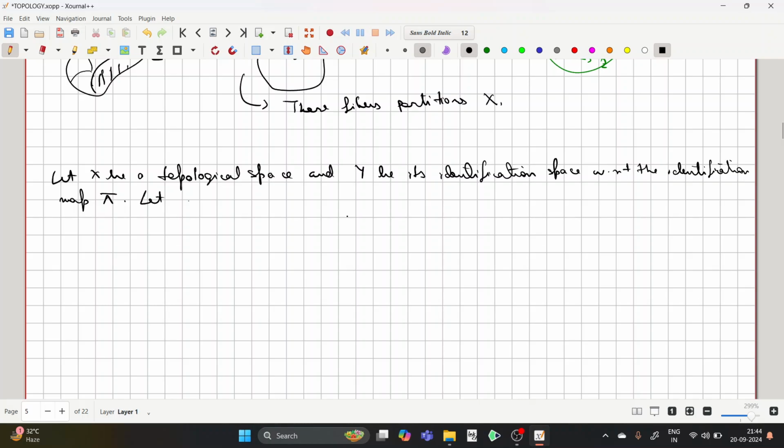Now let f from X to Y be onto, and suppose, let it be in this way. Okay, I'm getting a bit confused about how to give this.